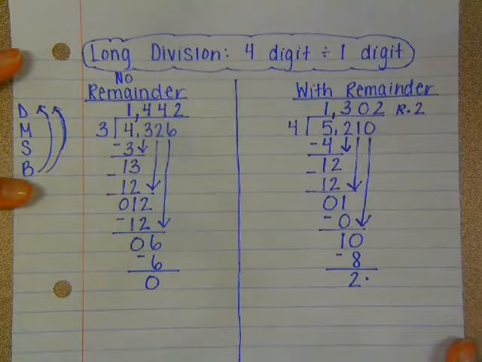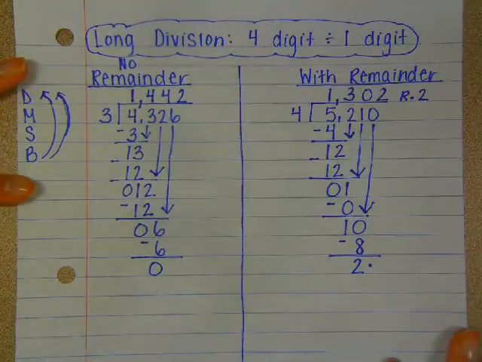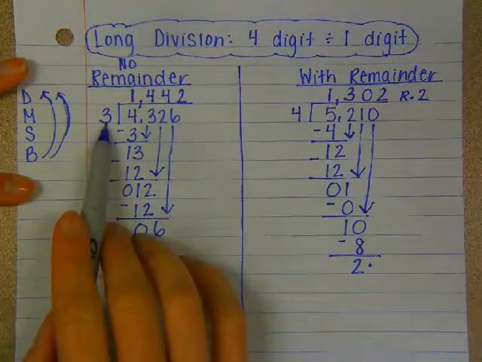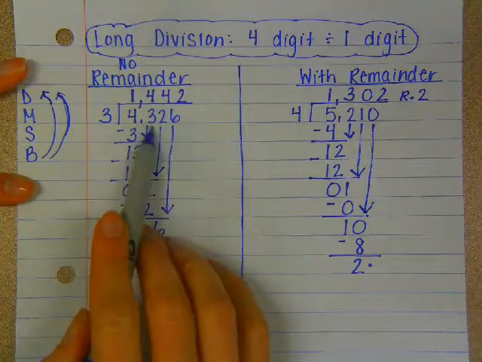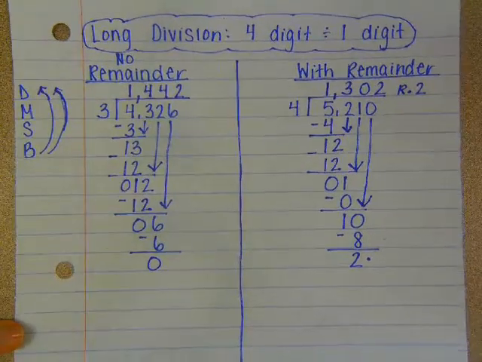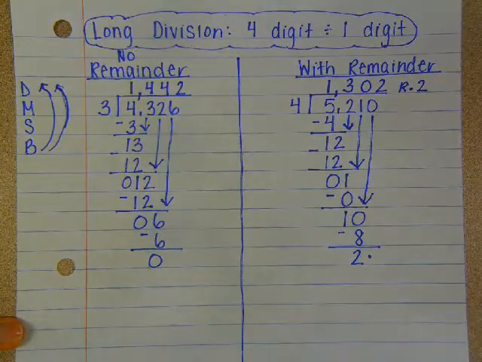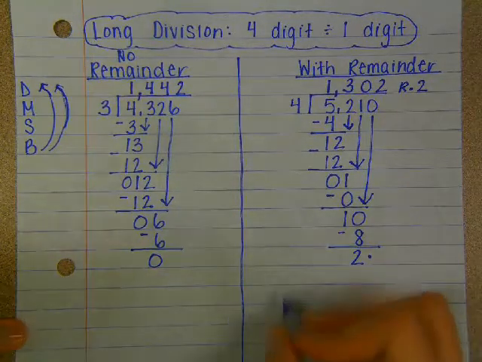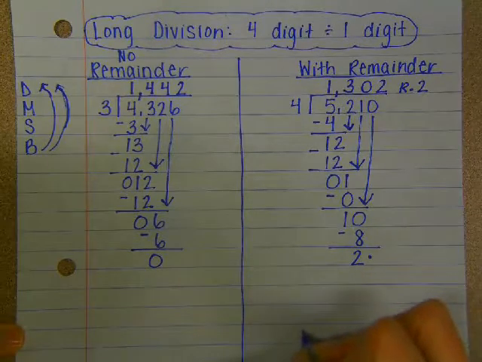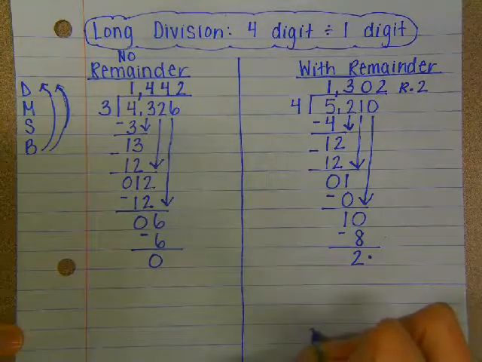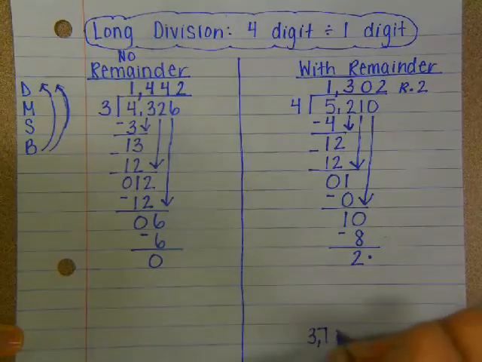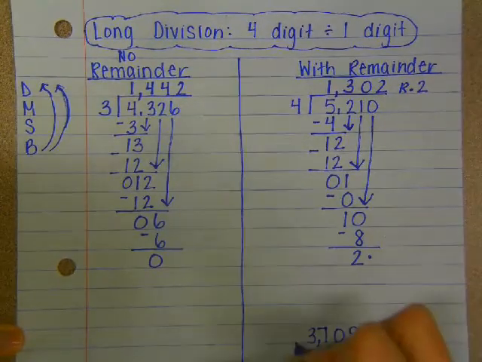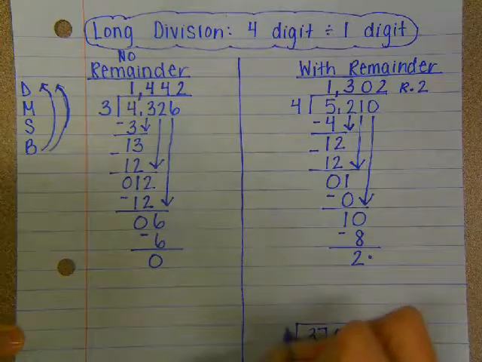Now remember, if you come across a problem where the number on the outside is larger than the first number, then you have to combine the first 2 digits. So let me show you an example as I did in the 2 divided by 1. So if I were to do 3,709 divided by 5.